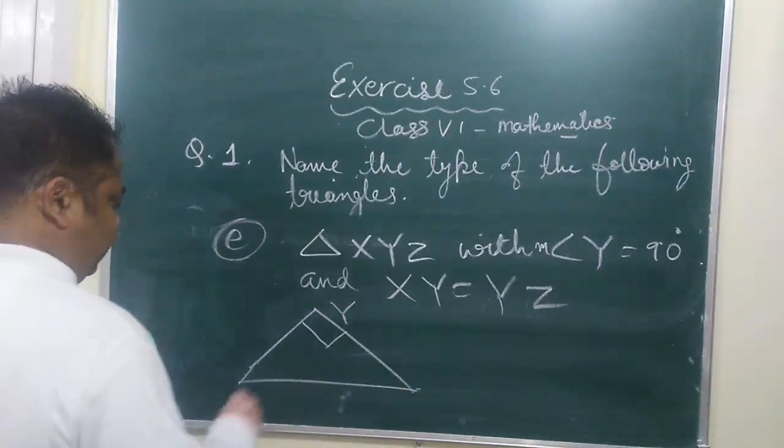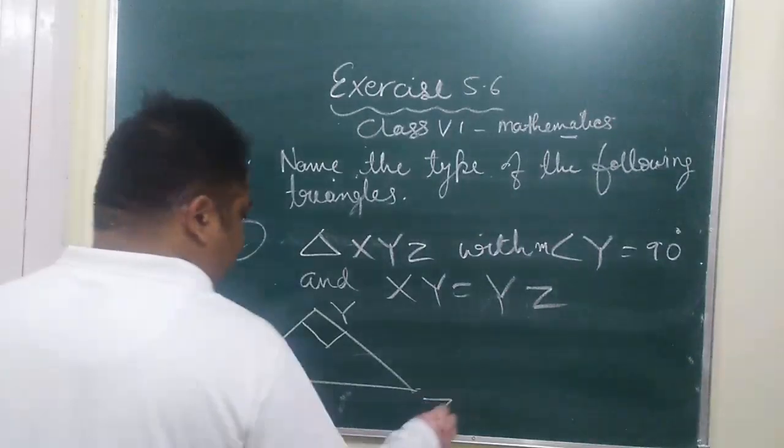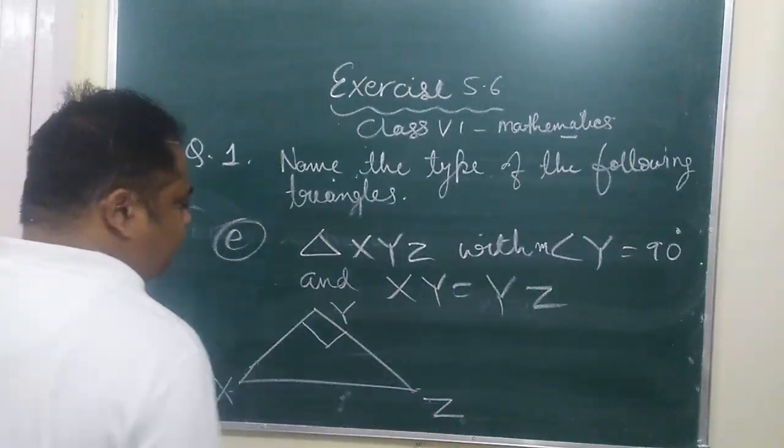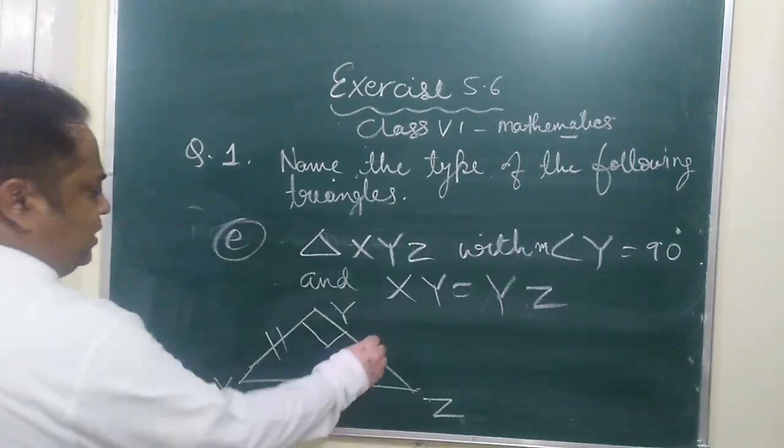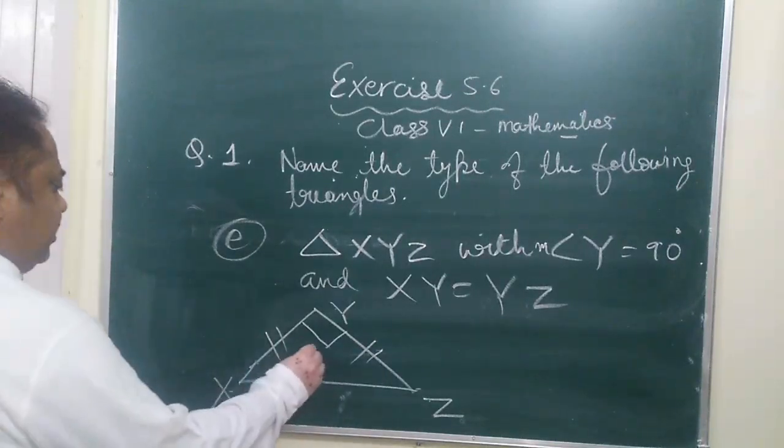Let this be angle Y, let this be X, let this be Z, such that XY is equal to YZ, and this is 90 degree.